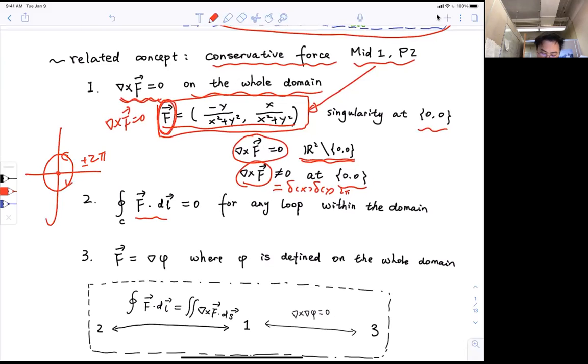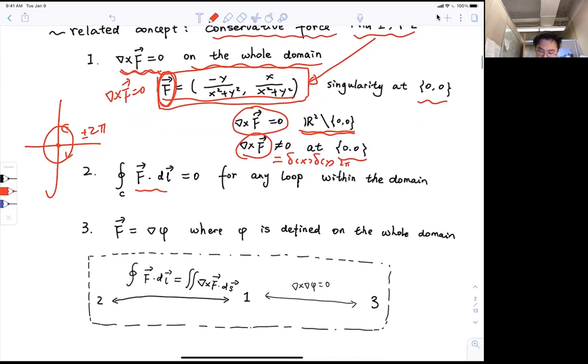And there's another way to determine whether this is a conservative force or not, which is by looking at whether this force can be written in this form, del phi, where phi is known as the potential or potential energy, whatever. If phi is defined on the whole domain, then F must be a conservative force.